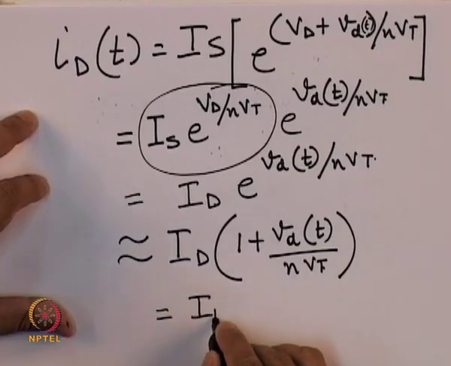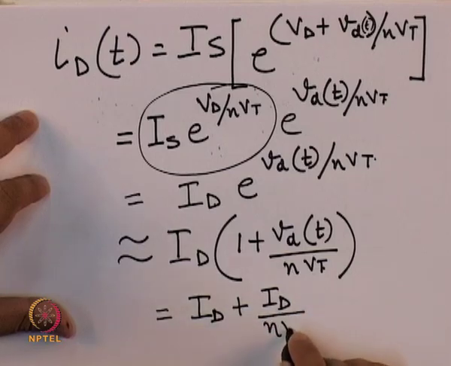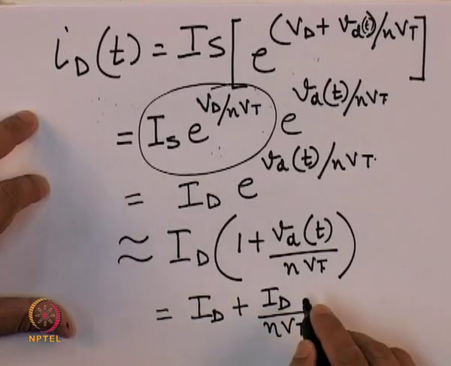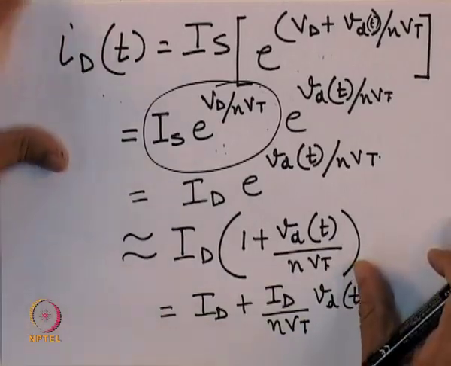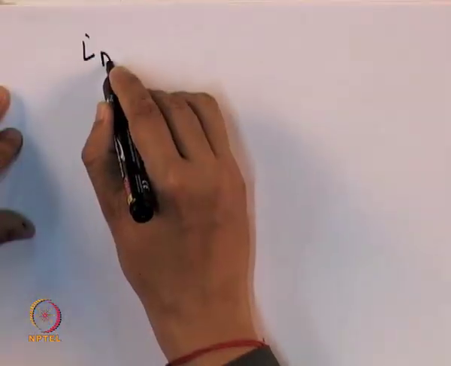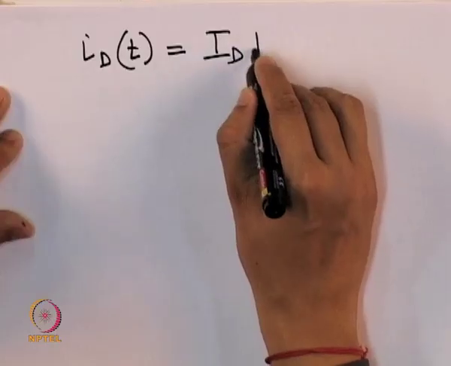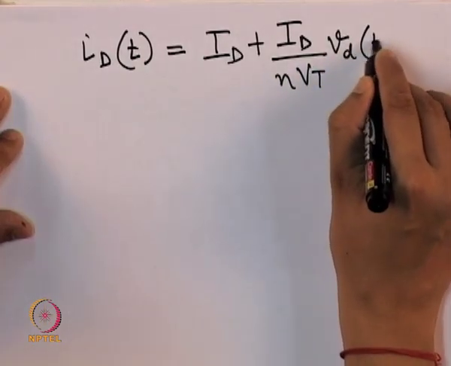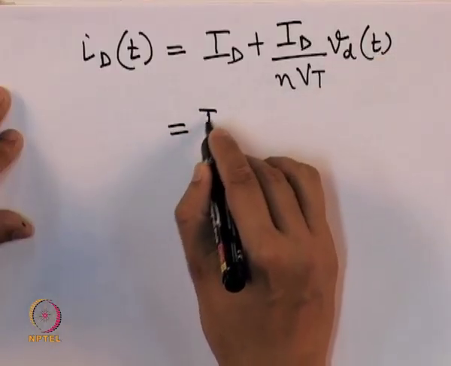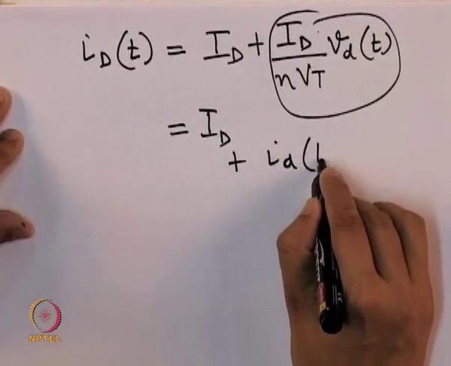So, this becomes equal to, and this can be further expanded as: small i capital D of t is equal to I d plus I d upon n V t into v d of t, and I am representing this whole quantity by i D of t.